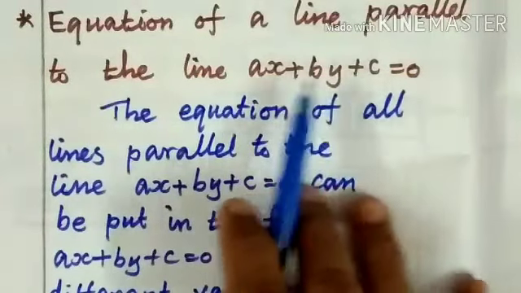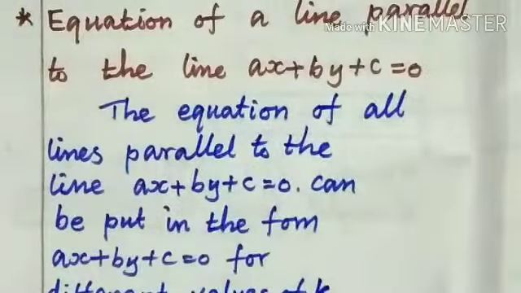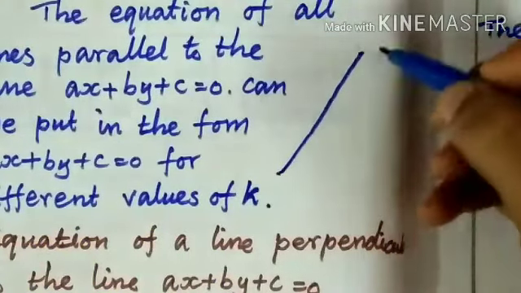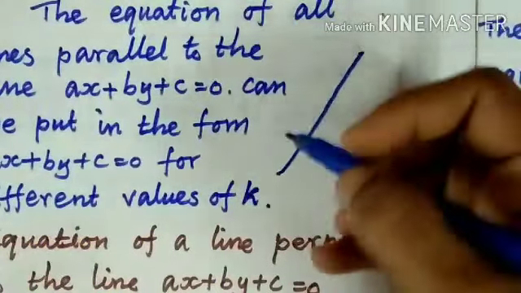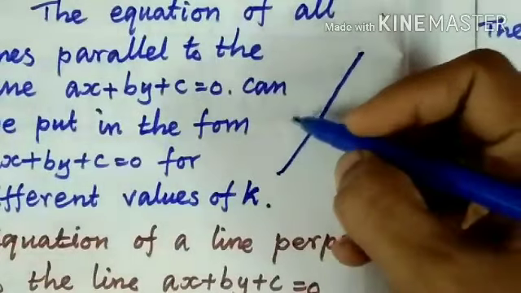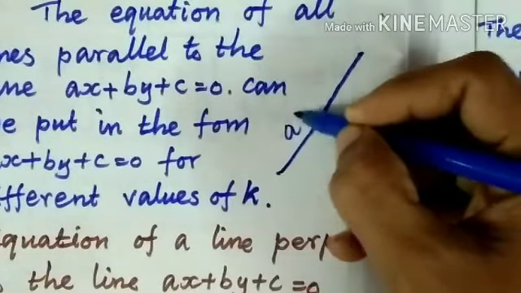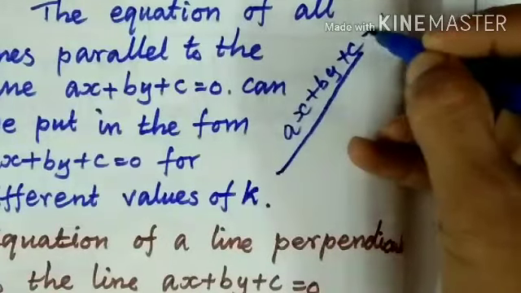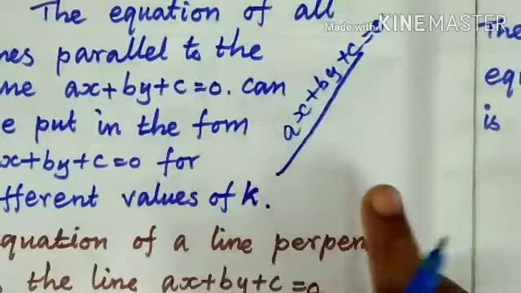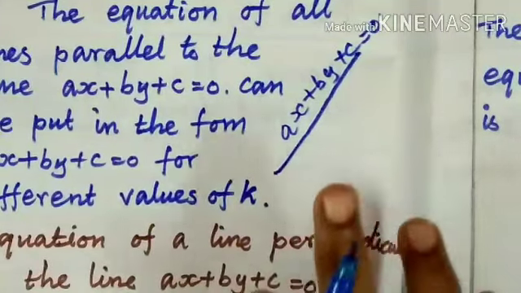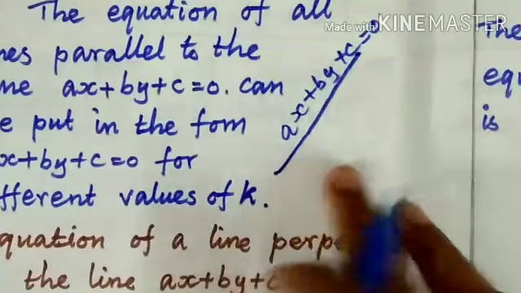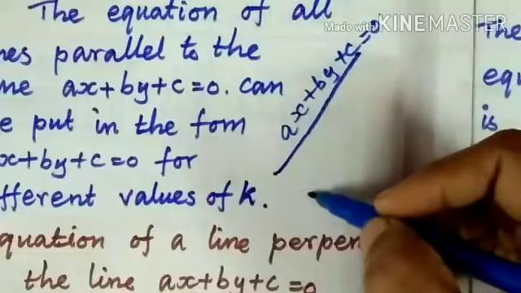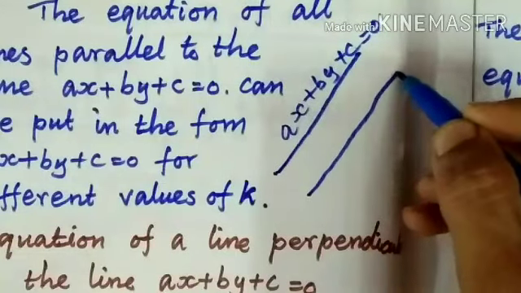See the first heading, equation of a line parallel to the line ax plus by plus c is equal to 0. In this, let us see, this is the given straight line. Then the equation of this given straight line is ax plus by plus c is equal to 0. We have to find the equation of the straight line which is parallel to the given straight line.